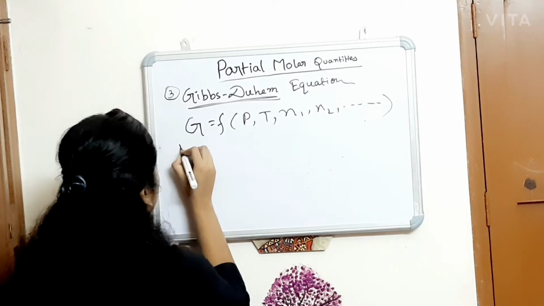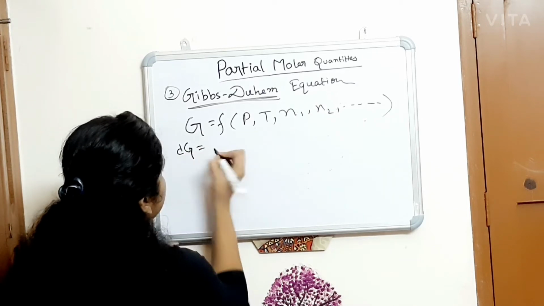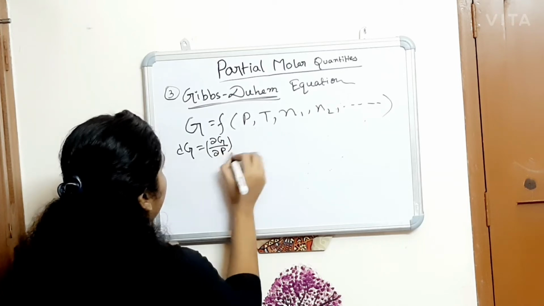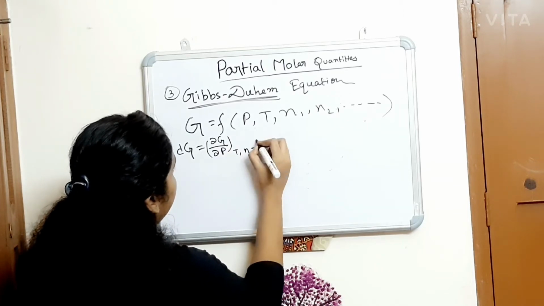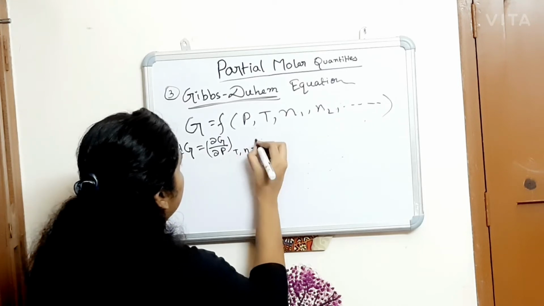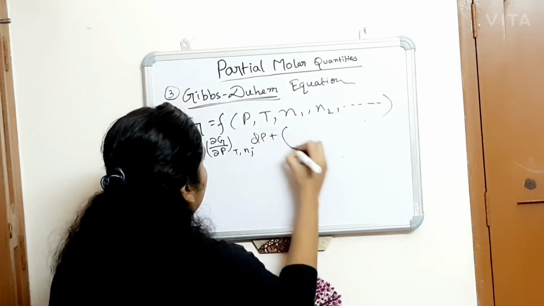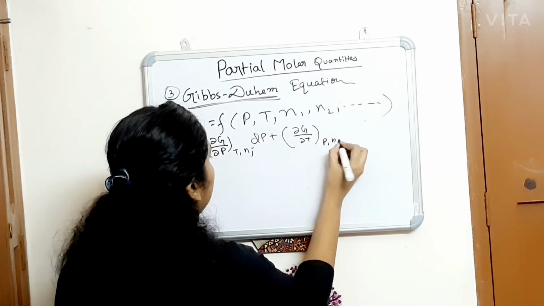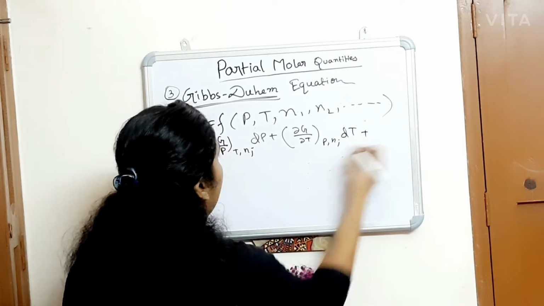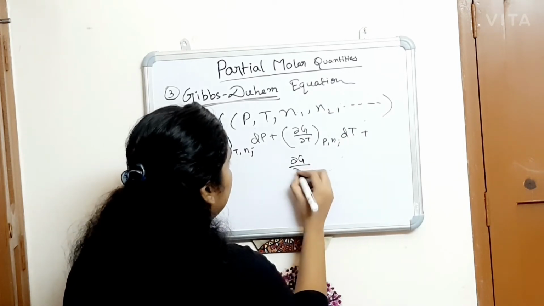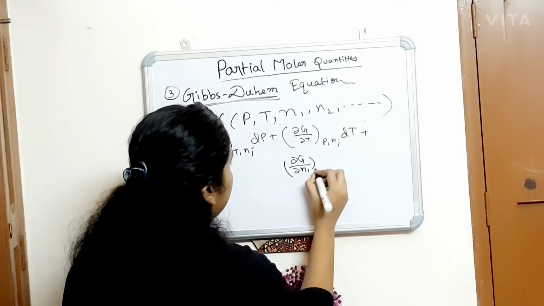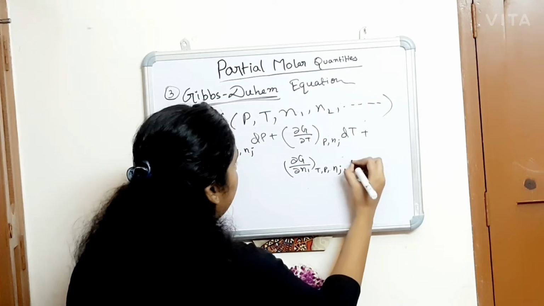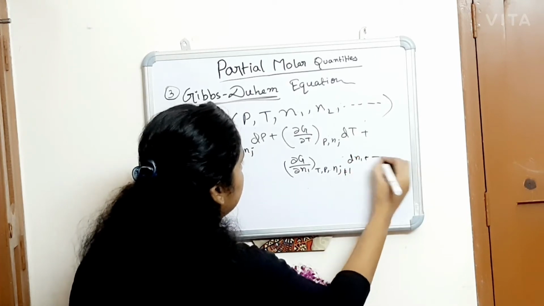And you can write dG as del G del P at constant T and Nj, dP, plus del G del T at constant P and Nj, dT, plus del G del N1 at constant T, P and Nj not equal to 1, dN1, plus so on and so forth.